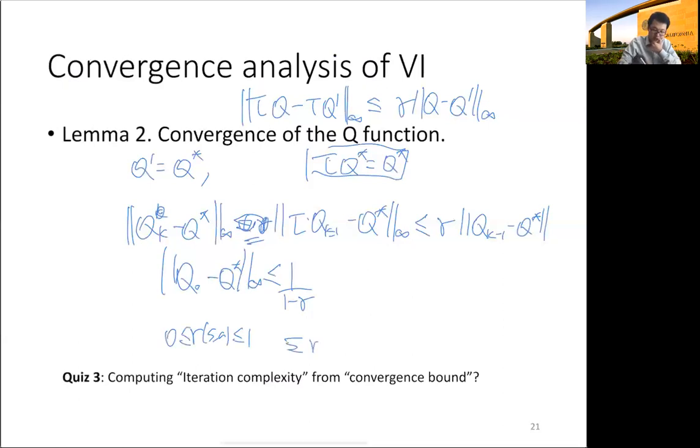And the summation of all the discounted rewards, sum over t from 1 to infinity of R of S, A for any S, A, is always smaller than 1 over 1 minus gamma. So no matter what we do, the difference of these two functions is always smaller than 1 over 1 minus gamma. Therefore, by chaining all these inequalities together, we get gamma to the power of K multiplied by 1 over 1 minus gamma.